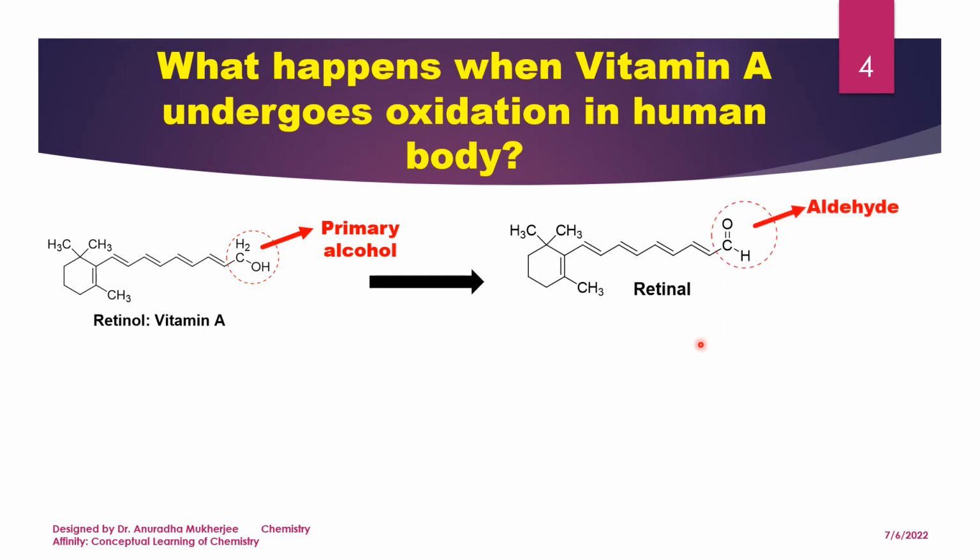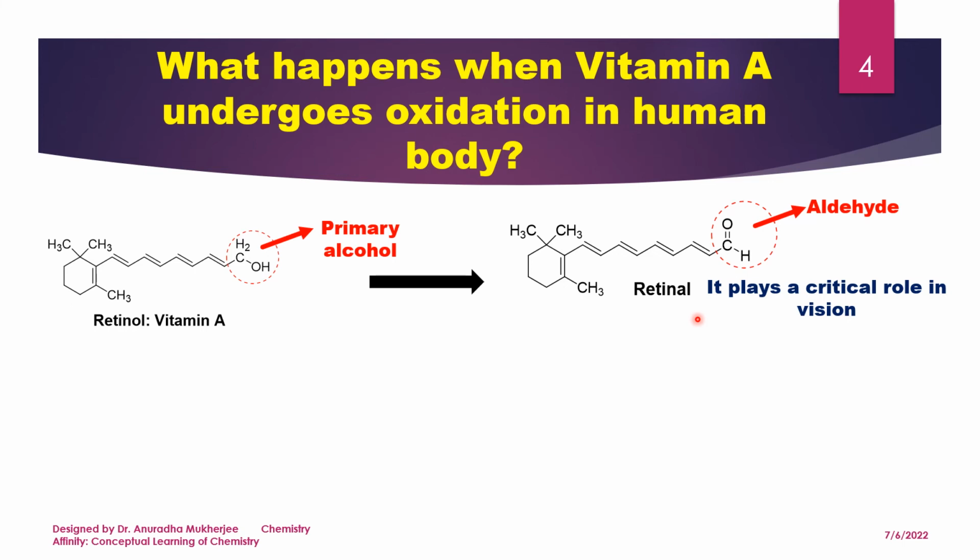We all have studied the oxidation reaction, that due to oxidation a primary alcohol first gives an aldehyde, then finally it oxidizes to an acid. The same thing is happening inside the human body: vitamin A is oxidized and gives you an aldehyde. Here you can see other parts are as they are. Conjugation is not changed. Nothing has been changed except the functional group. Primary alcohol is oxidized to aldehyde. It is called retinal. This is important for vision.